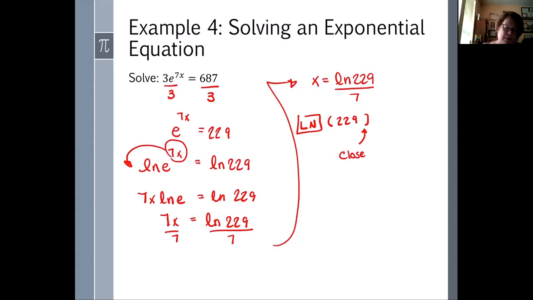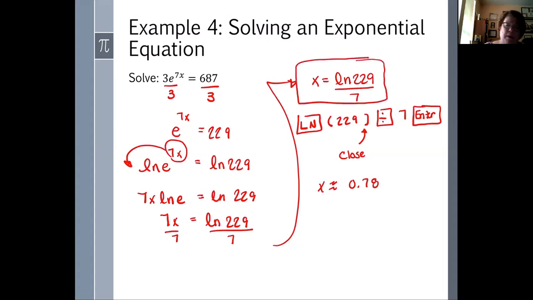So make sure you close those. Hit your division key, divide by 7, and then enter. All right, so I get approximately 0.78. So again, x equals the natural log of 229 divided by 7 is exact. And this value right here, 0.78, is approximate.